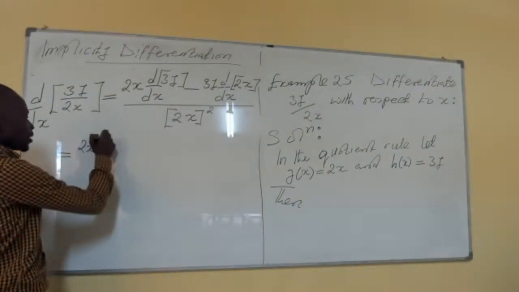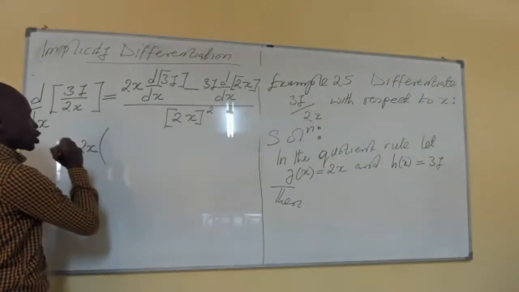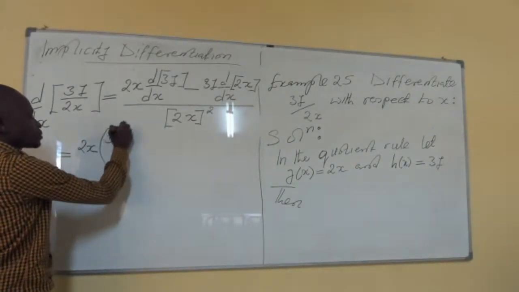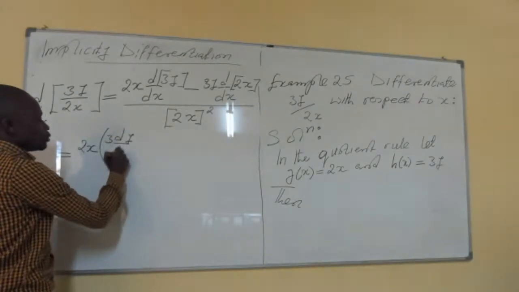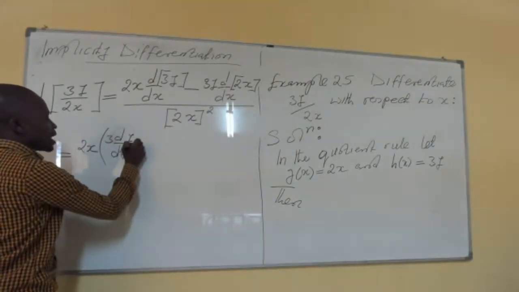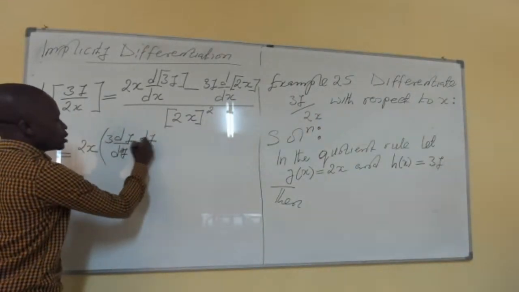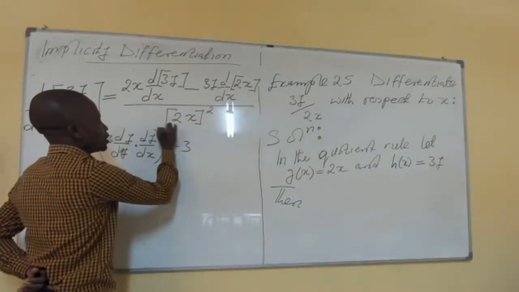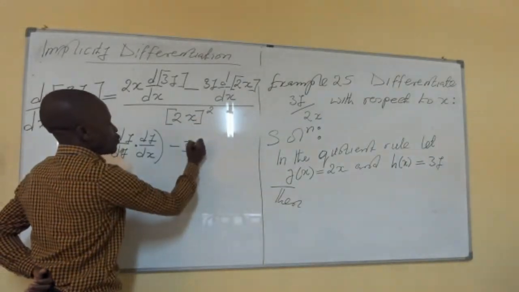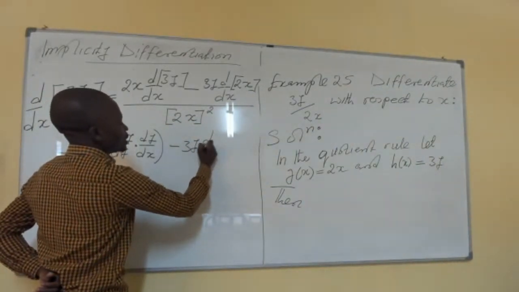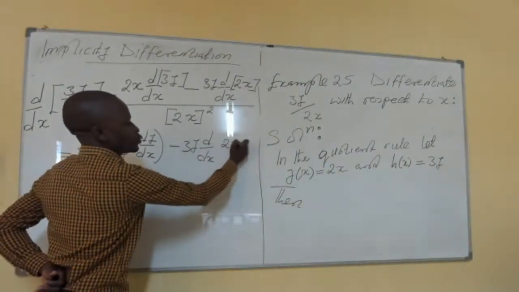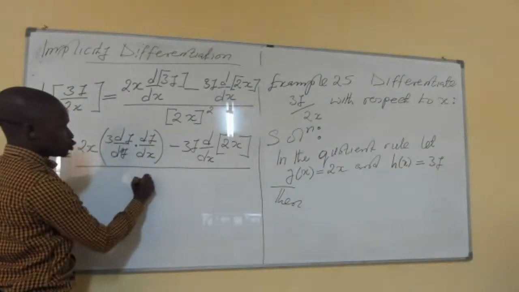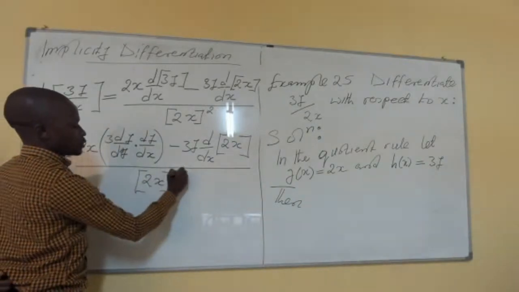Applying it, what you're going to get is 3 times the derivative of y with respect to y times the derivative of y with respect to x, minus 3y times the derivative with respect to x of 2x, everything divided by 2x squared.